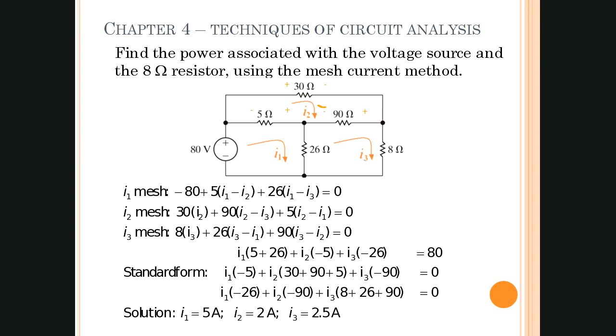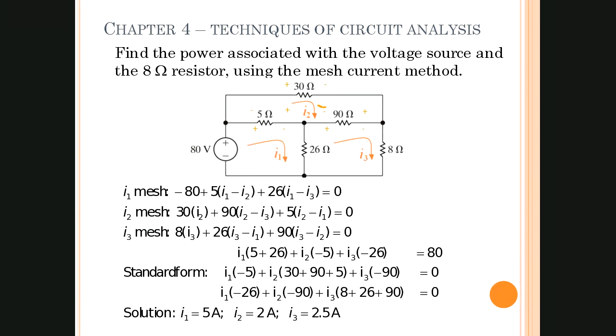And I'll go ahead and do the sign notations again for I1 and I3. In this case, it stays the same. This doesn't change. You can see they're going in opposite directions. But everything's going to be in reference to I2.